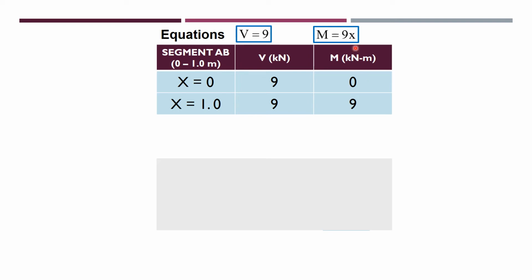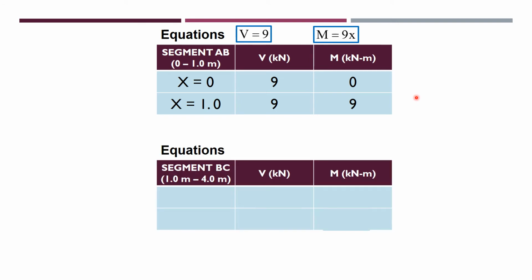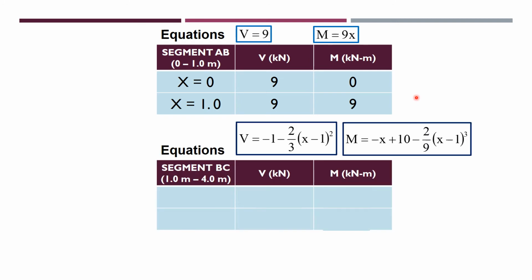And when x is 1, we have positive 9 kilonewton meter. And then for segment BC, with these equations ng shear and moment, and from end to end rin, when x is 1 and when x is 4, you just substitute the values here.